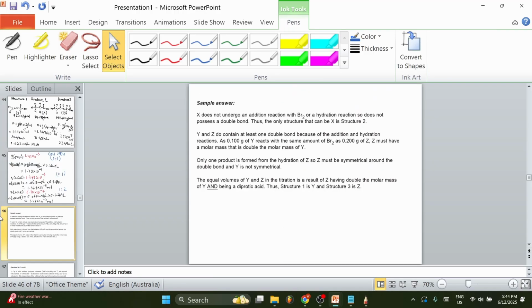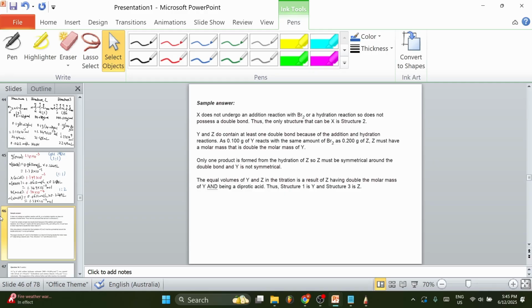X does not undergo an addition reaction with bromine or a hydration reaction, so it does not possess a double bond. Thus, the only structure that can be X is structure 2. Y and Z contain at least one double bond because of the addition and hydration reactions.